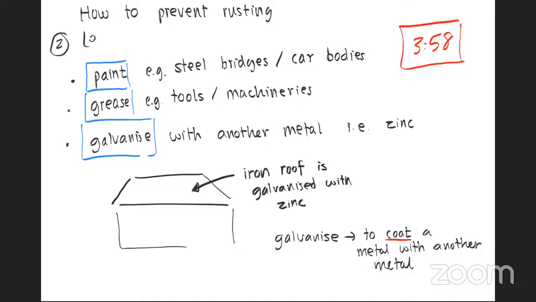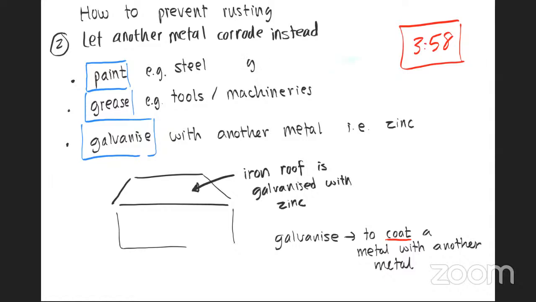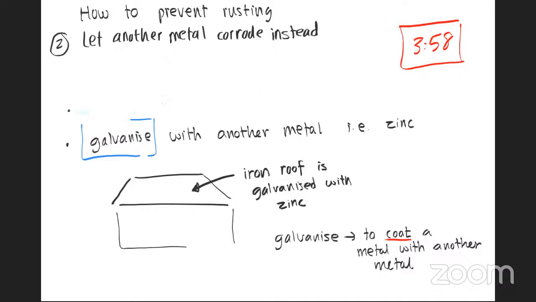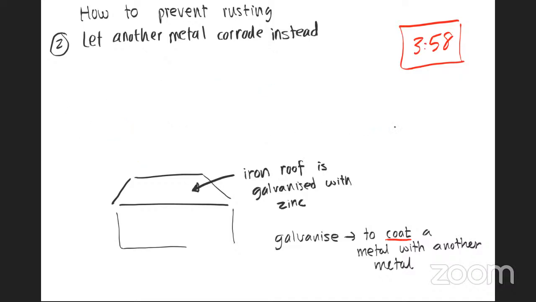You need to know that when rusting takes place, iron is being oxidized. Remember, oxidation is the gaining of oxygen atoms. So when iron reacts with oxygen, it is taking the oxygen atom, so iron is being oxidized.